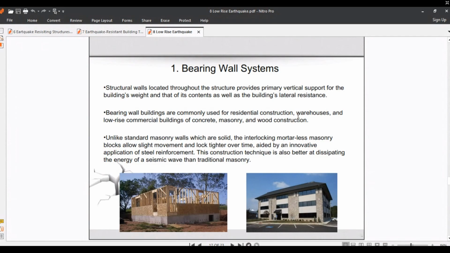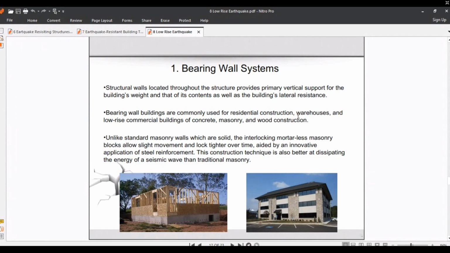Bearing wall buildings are commonly used in residential construction, warehouses, and low-rise commercial buildings of concrete, masonry, and wood construction. You can see the wood construction in these pictures.